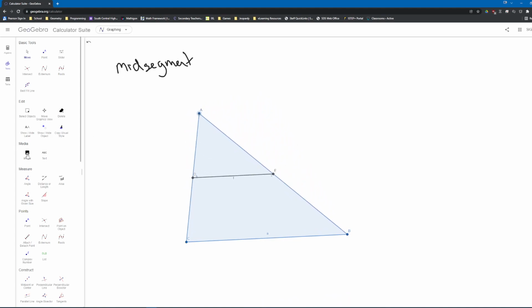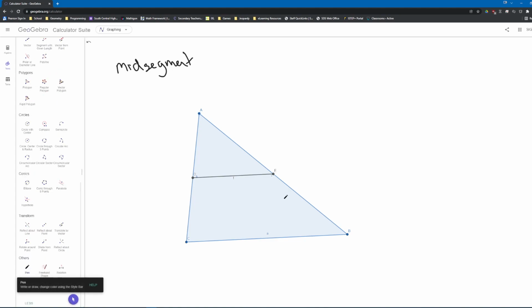So we have two properties that we care about with mid-segments. The very first one is that when we form a mid-segment, we get parallel lines. DE, which is my mid-segment, is parallel to one other side of my triangle. DE would be parallel to segment CB.